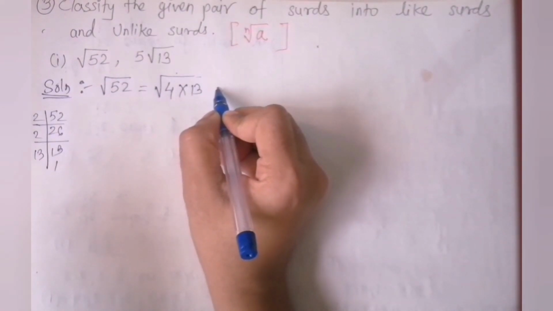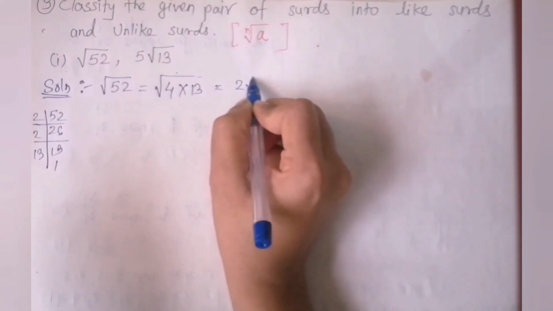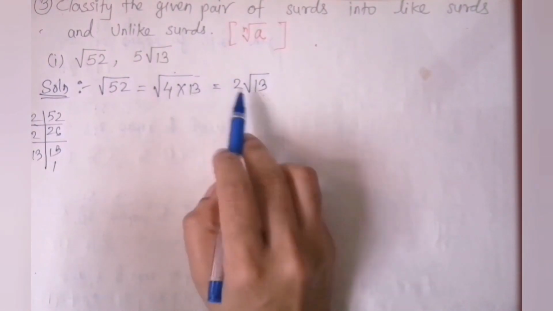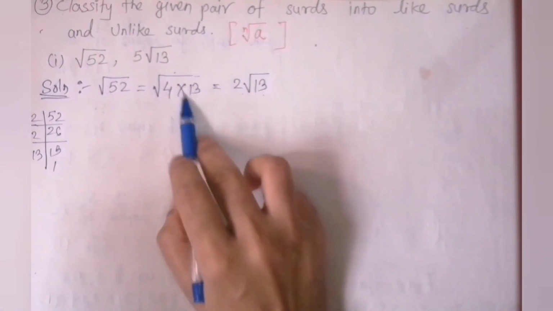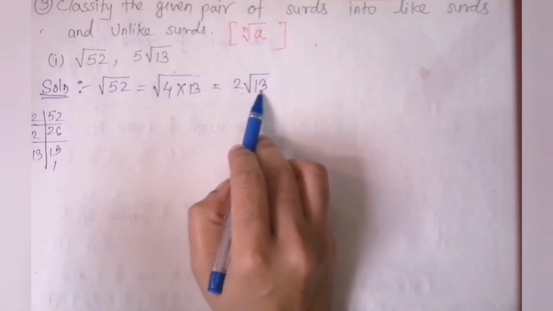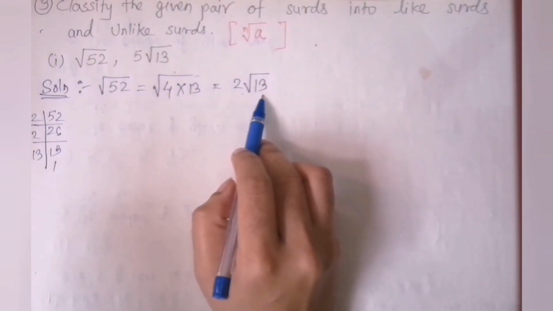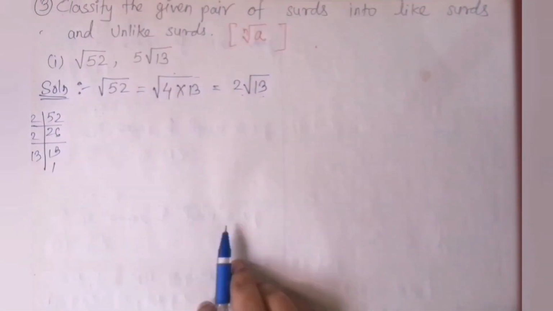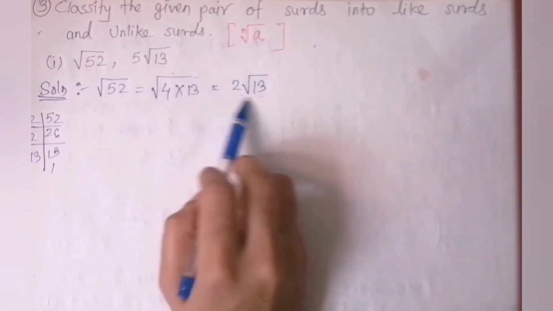So the next step is 2 root of 13. Clear? 2 root of 13. The square root of 4 is 2, and this root of 13 we write down as it is, because we cannot find its root. So we get the final answer.